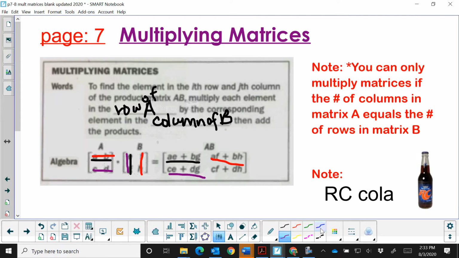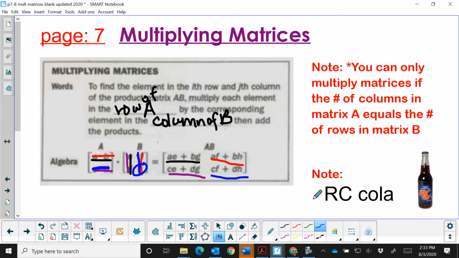And let's switch to a blue. And the bottom row of A times the second column of B gives me this position. So if you notice where these two would intersect, like if you meshed matrix A and matrix B together and the blues touched, they would touch in this lower position, which is the position that you're finding.